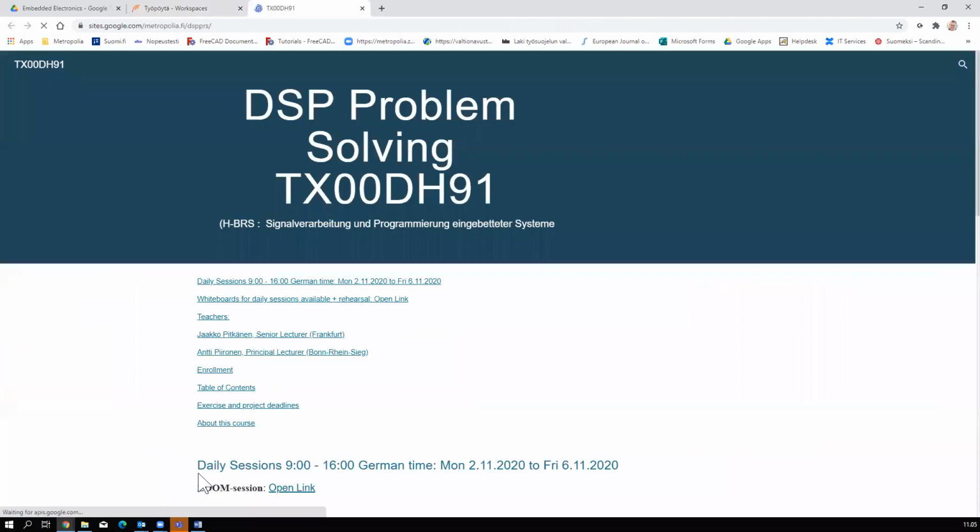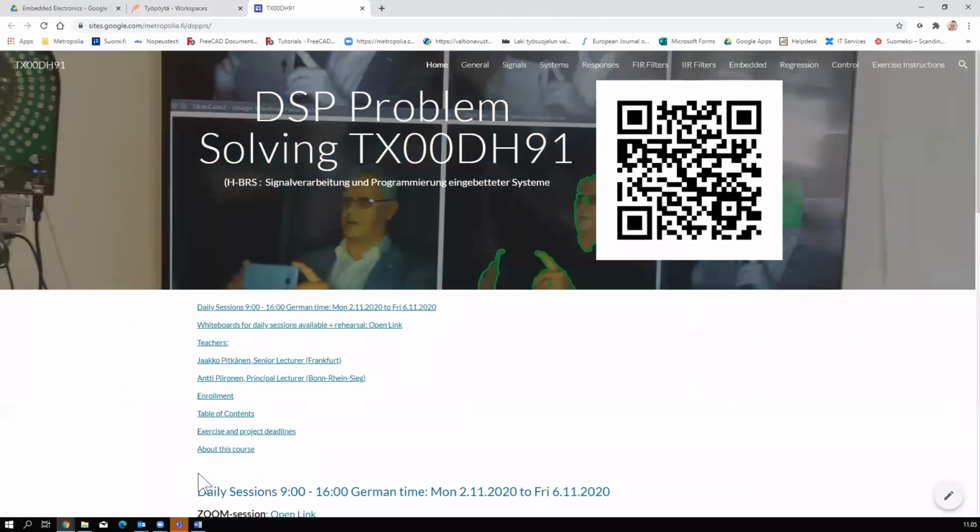If you open that one, it actually takes you into a little bit different DSP implementation. It's a DSP problem solving course, which is mostly taught as an Erasmus exchange course in Frankfurt University of Applied Sciences and Bonn-Rhein-Sieg University of Applied Sciences.